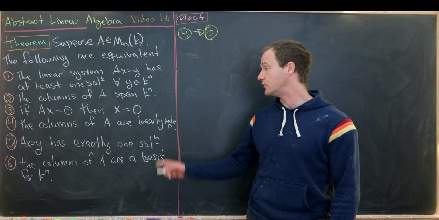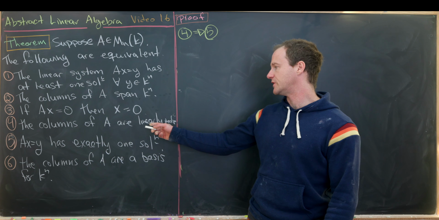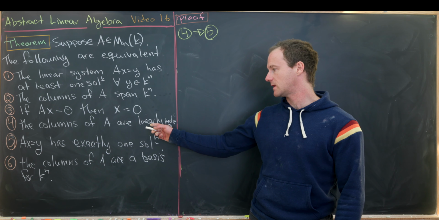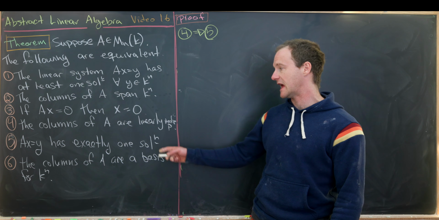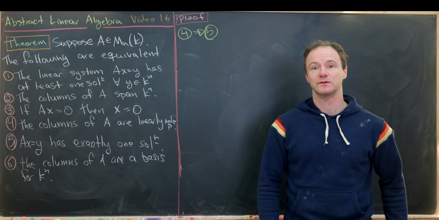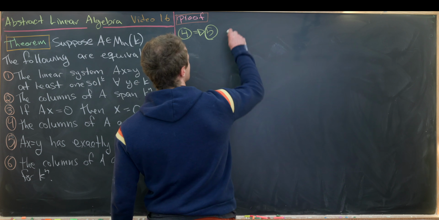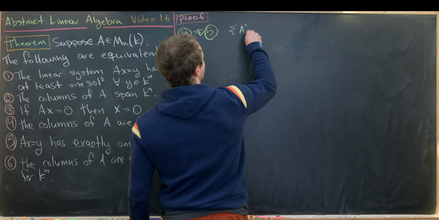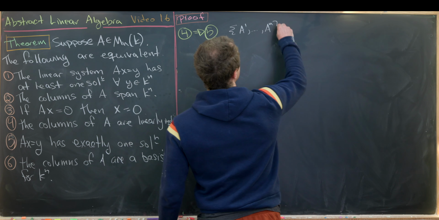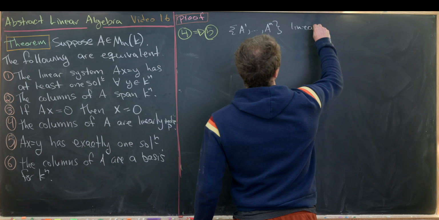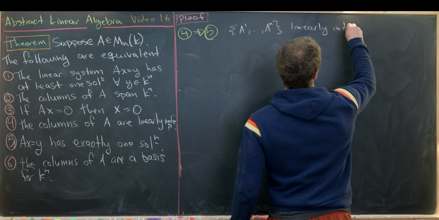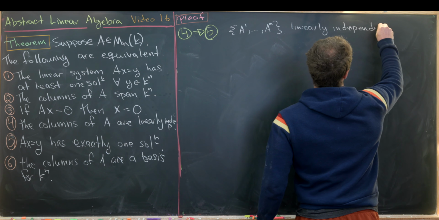So now we're ready to do 4 implies 5. We know the columns of A are linearly independent. That means we need to show that Ax equals y has exactly one solution. So let's recall that we have a1 up to an linearly independent.